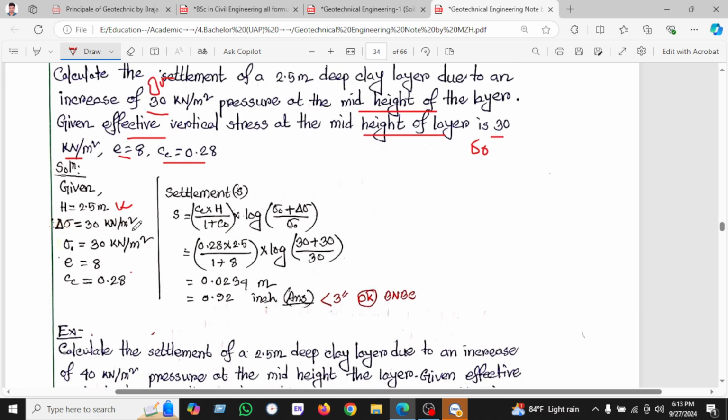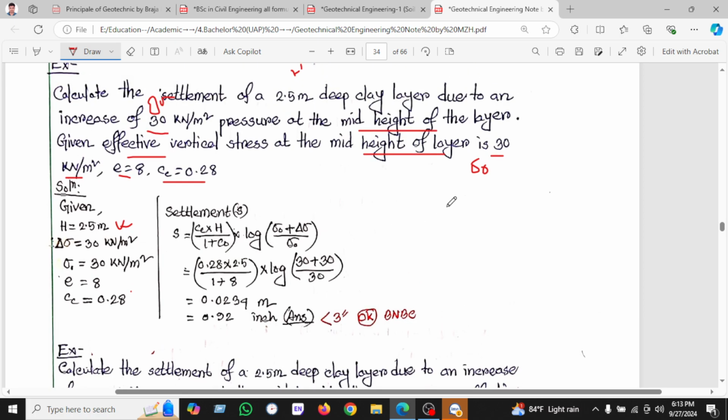So we will calculate the settlement. On the other hand, sigma p is not given, it is missing in the question. So let's see, sigma p is 20. So 30 is greater than 20, and 30 plus 30, 60, is also greater than 20.